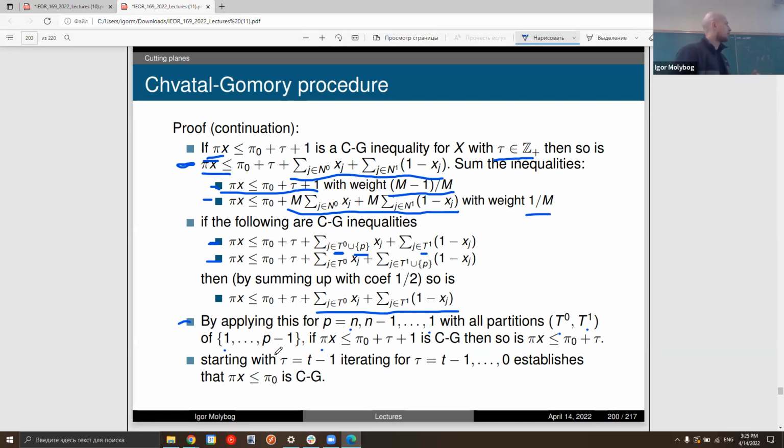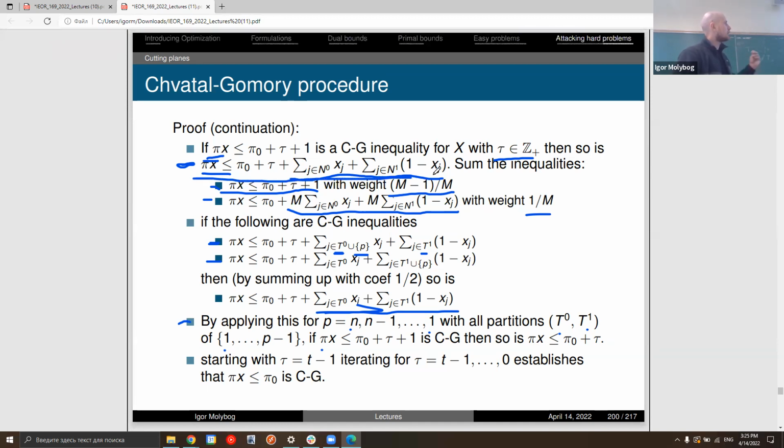can just remove components from this. We can write down this inequality over here, and then we can start removing components from this partition, one after the other, until we don't have any components anymore, and we will come to a conclusion that just pi x less than or equal to pi 0 plus tau is in fact a CG inequality as well, if this thing on top was a CG inequality, which defines an iterative procedure.